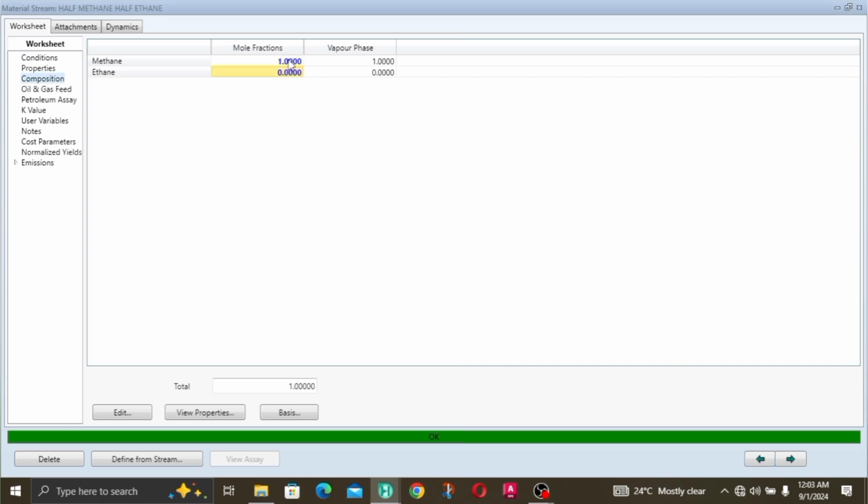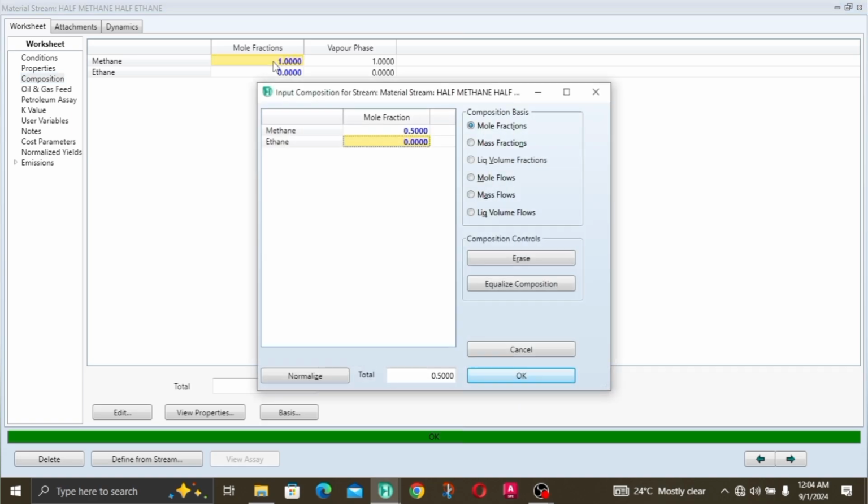It should. What's going on? 0.5 methane. And normalize. We could just do this beautiful thing where Aspen HYSYS does the same automatic process of giving us the value of the other components.